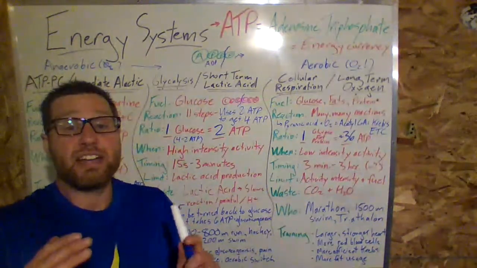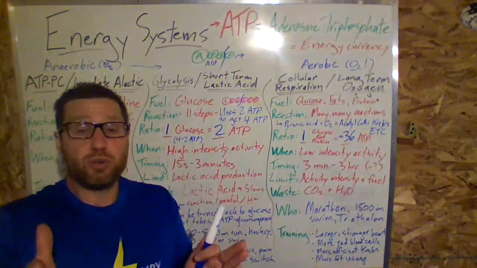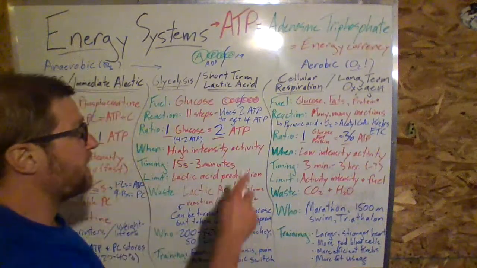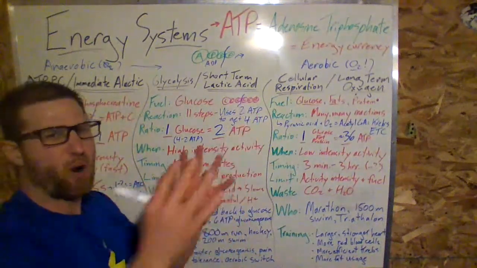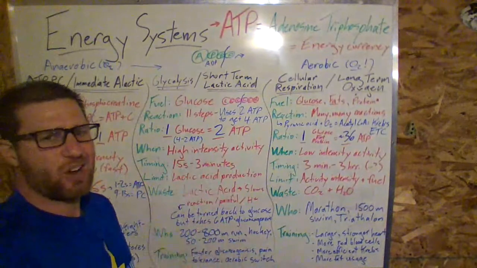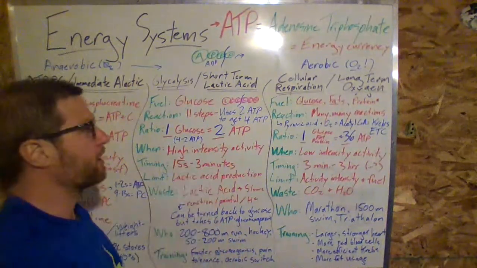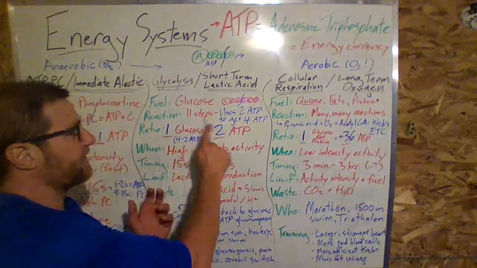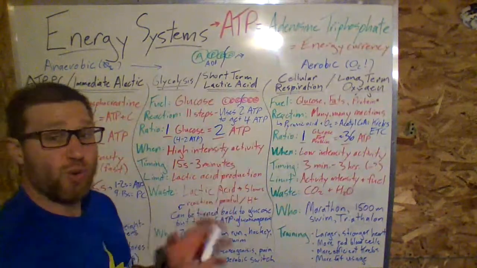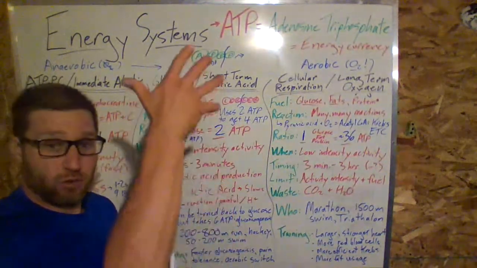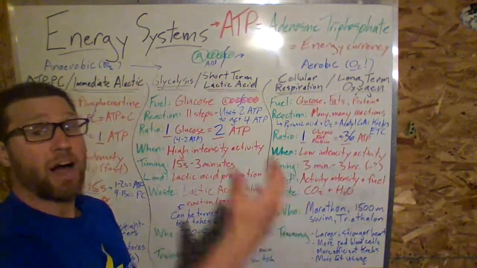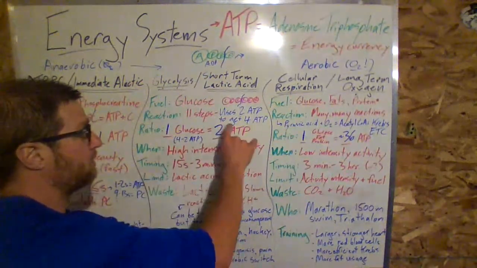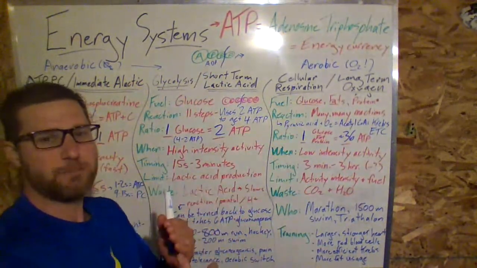But you need to use ATP in order to break this bond, in order to break down glucose. It's a tough kind of molecule to break down. So these 11 steps use 2 ATP to break down the glucose. But when you convert it, you get 4 ATP out of it.